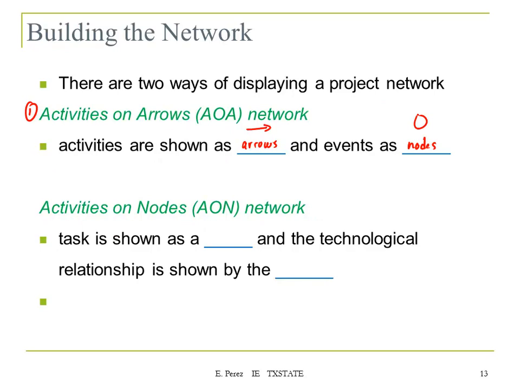The other type is the activities on nodes, AON, network. In here the task is shown as a node, and the technological relationship is shown by the arrows. This one is usually associated with CPM.